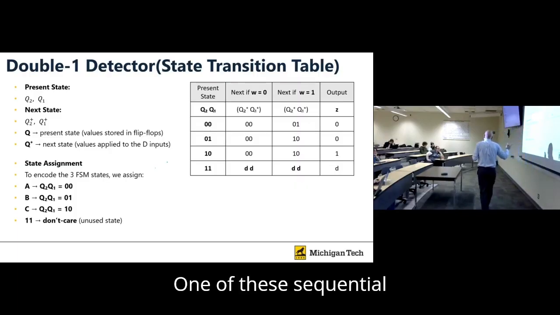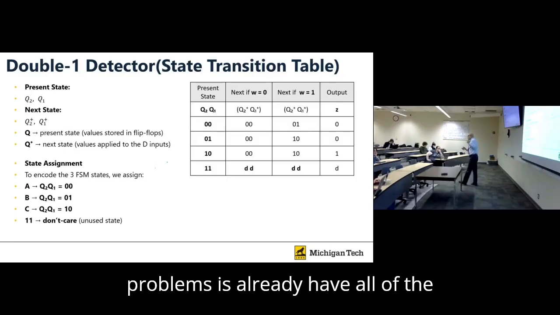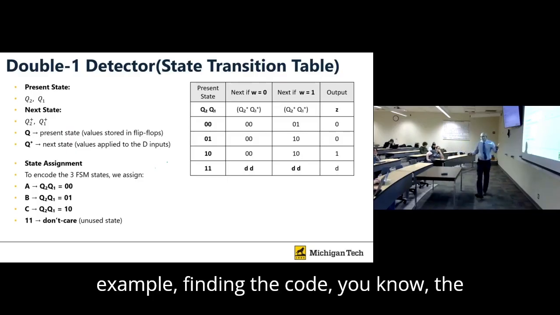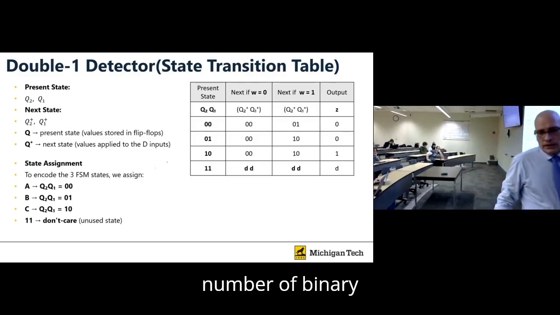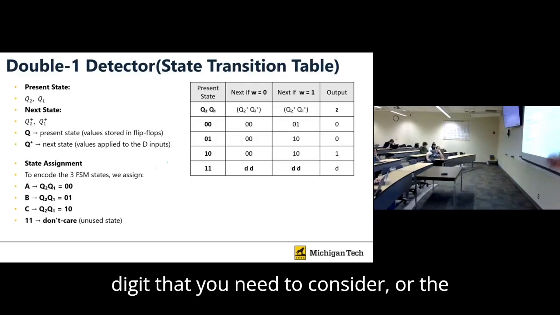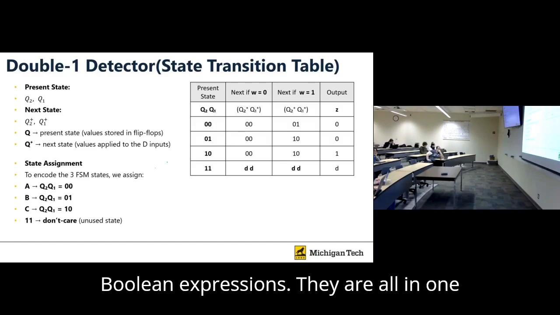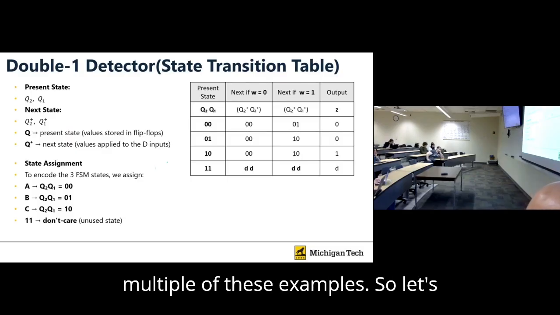One of these sequential problems already has all of the things that you learned before, like finding the code, the number of binary digits that you need to consider, or the Karnaugh map, simplifying the Boolean expressions. They are all in one question. That's why I like to have multiple of these examples.